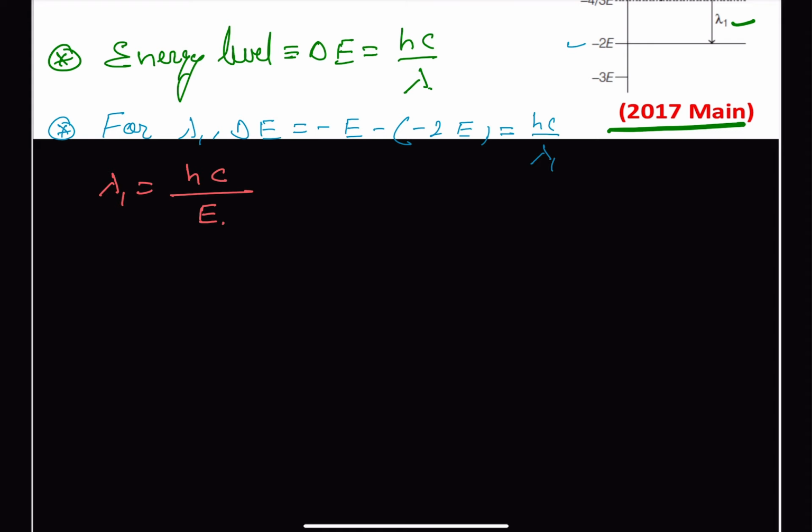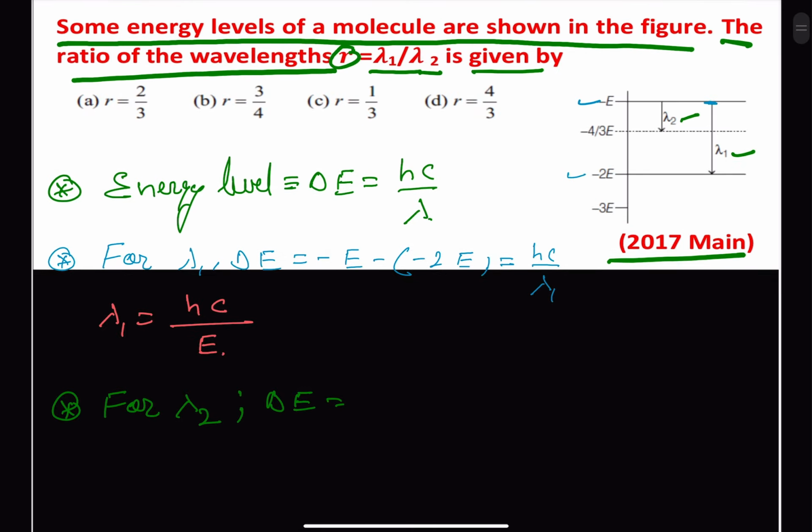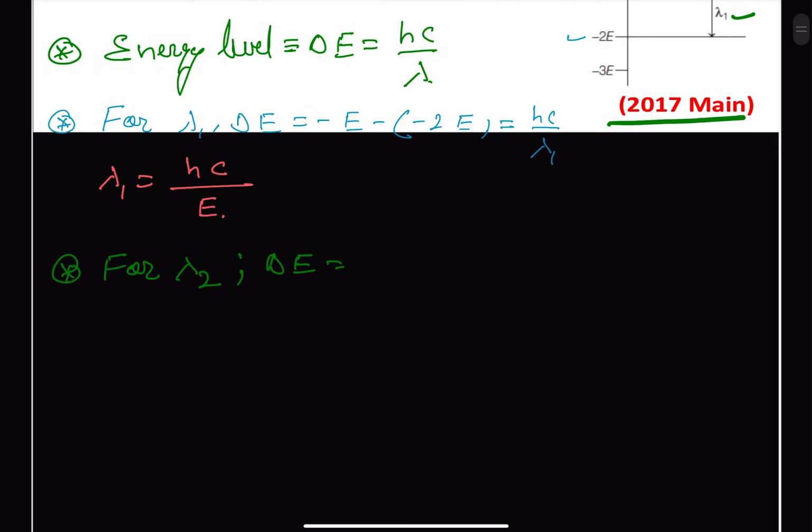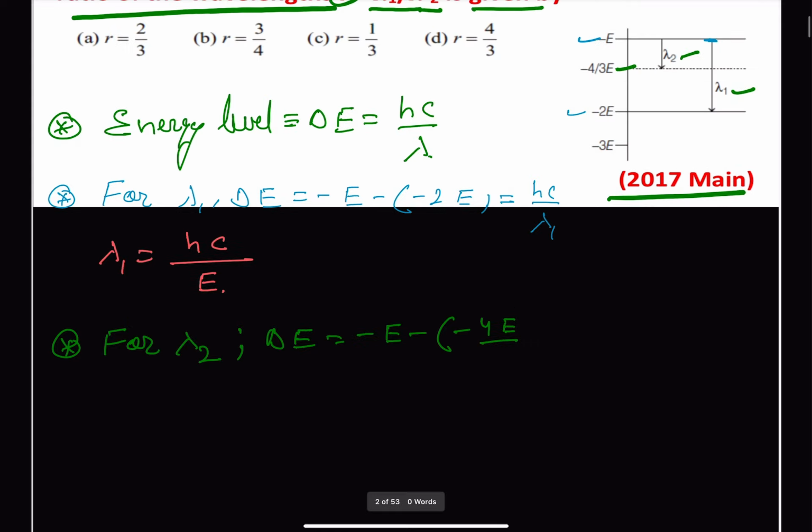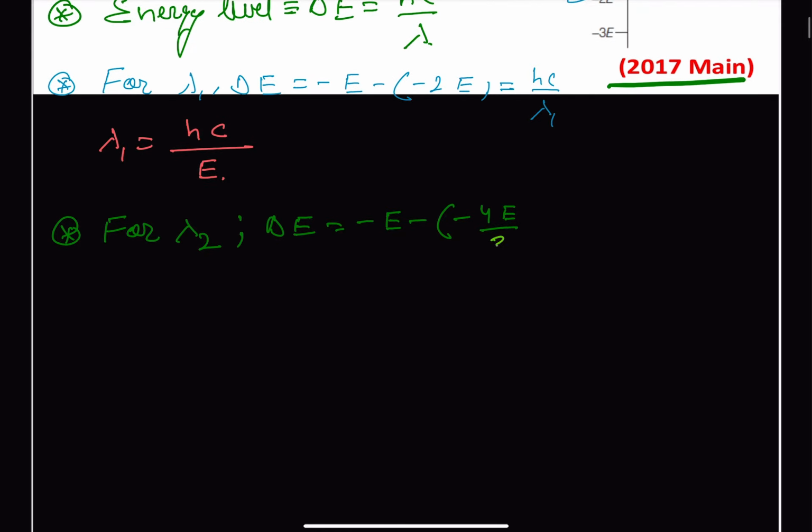Similarly, we can write for our lambda 2. For lambda 2 the transition is from minus E to minus 4E by 3. So this comes as minus E minus of minus 4E divided by 3, and that will be equal to hc upon lambda 2.